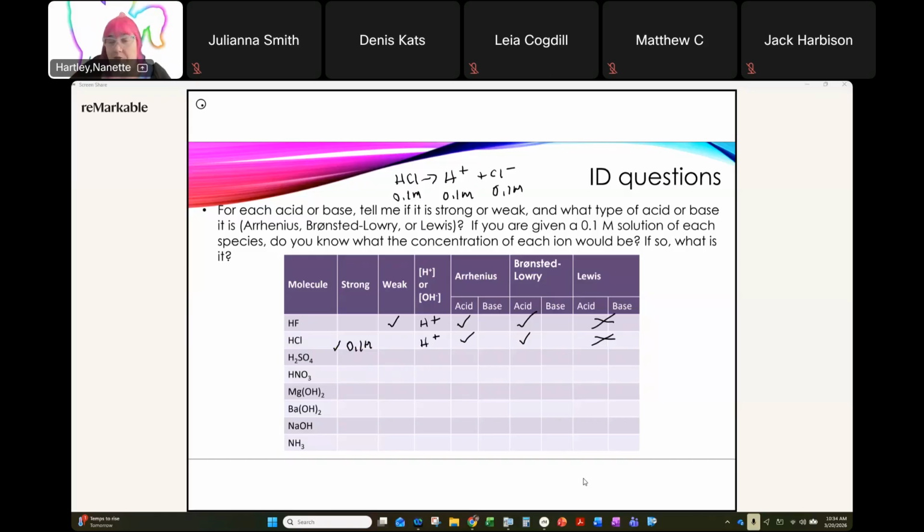When we talk about H2SO4, the interesting thing that we need to talk about now is it's listed as a strong acid. That is very true. But the funny thing is, it donates those two protons in a two-step process. Okay? So what happens is that I have an H2SO4, which gives up a proton to become HSO4 minus. That HSO4 minus, giving me an H plus and SO4 2 minus, this is not strong.